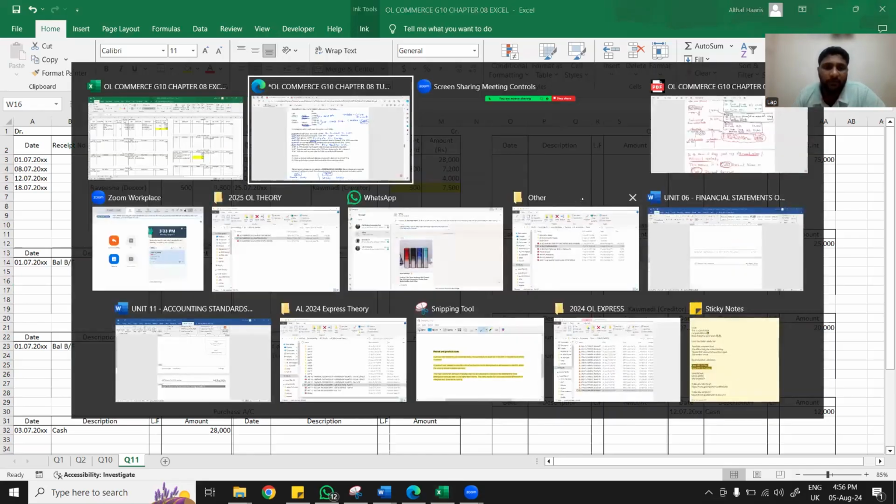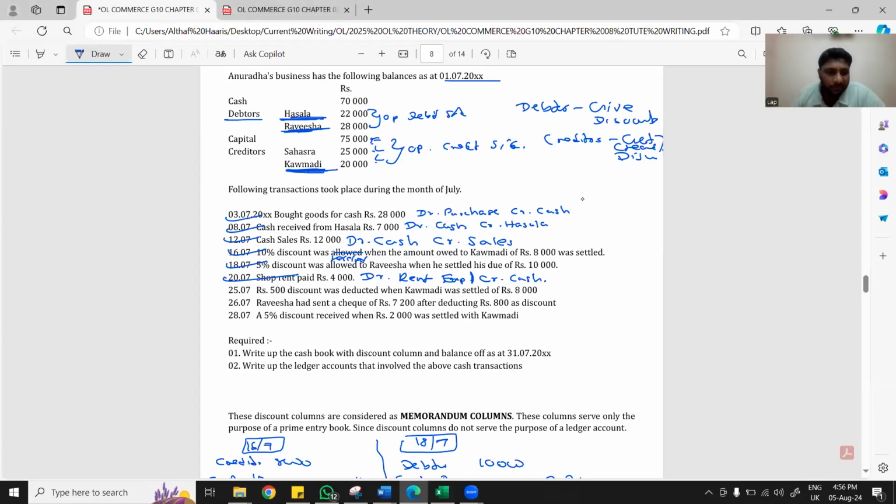And the next one. Ravisha had sent a check of 7,200 after deducting 800 discount. So she has sent us a check 7,200. Like she is sending us 7,200 money.